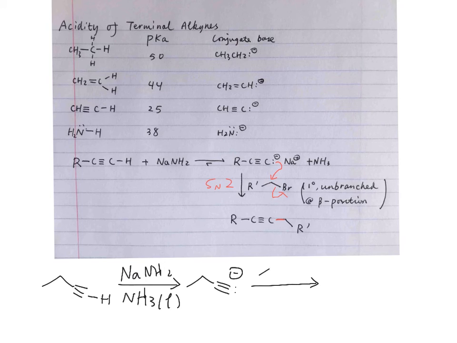Butynide could react with ethyl bromide through an SN2 reaction mechanism. A 3-hexyne is generated. The new carbon-carbon bond that's formed is over here. This reaction has been carried out in the laboratory for 6 hours, generating 75% of the product.